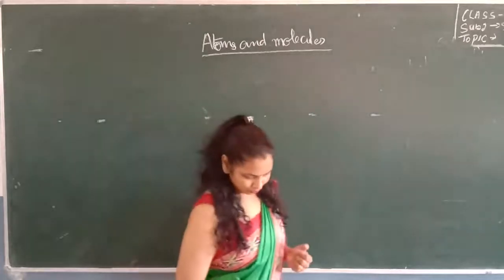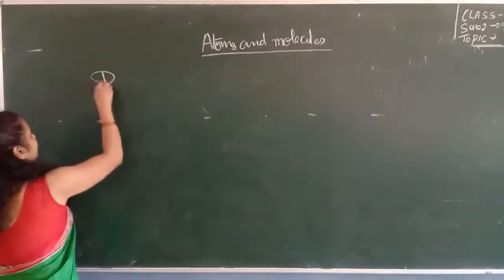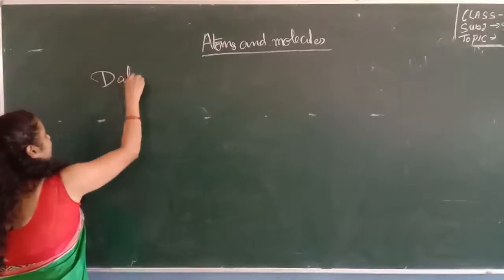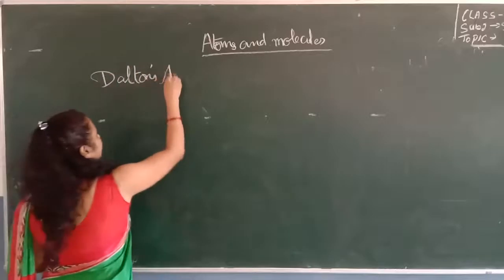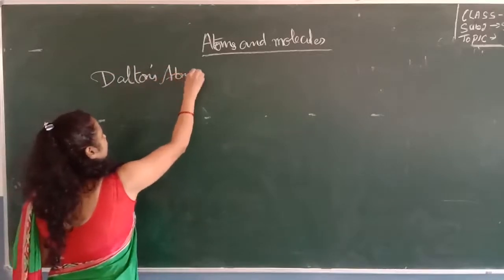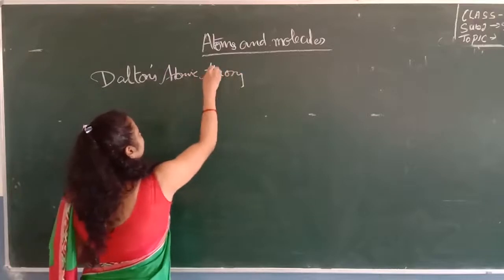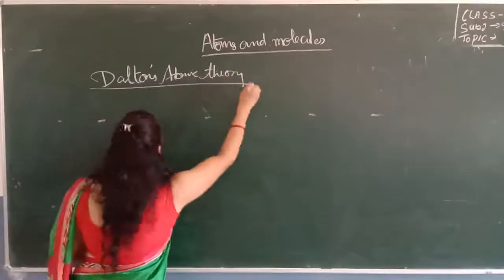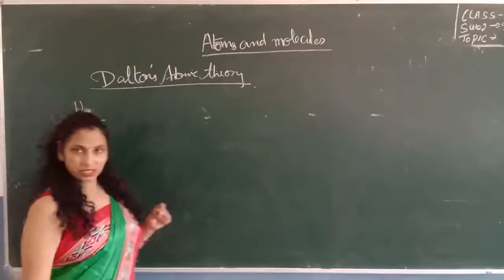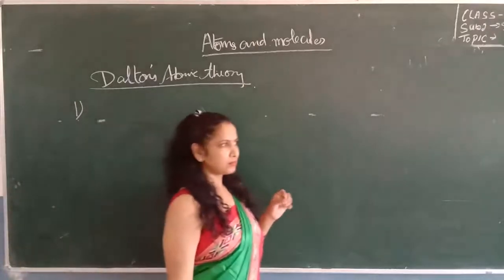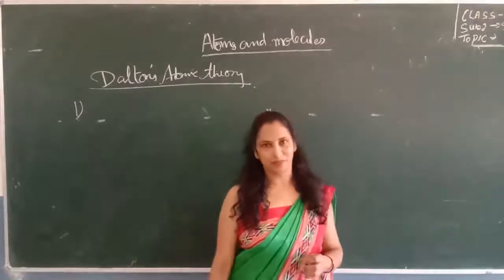This is Dalton's atomic theory. According to this theory, the first point is every metal is made up of very small particles called atoms.